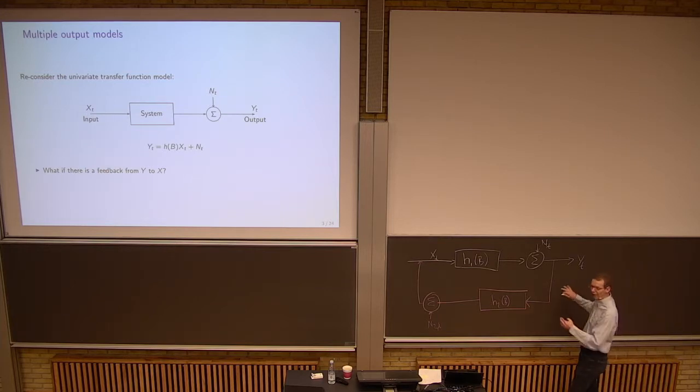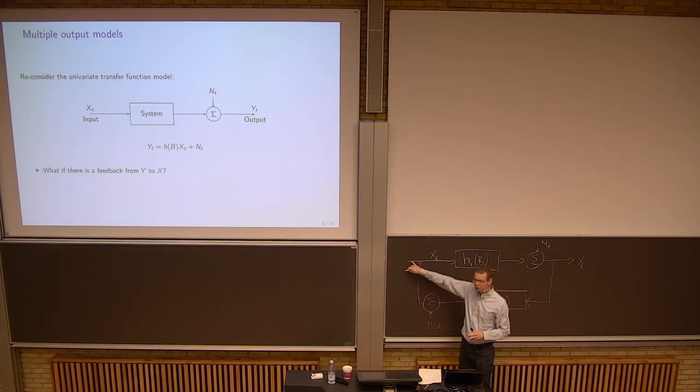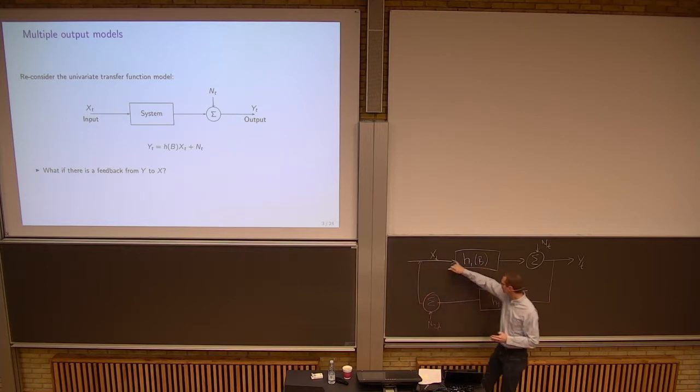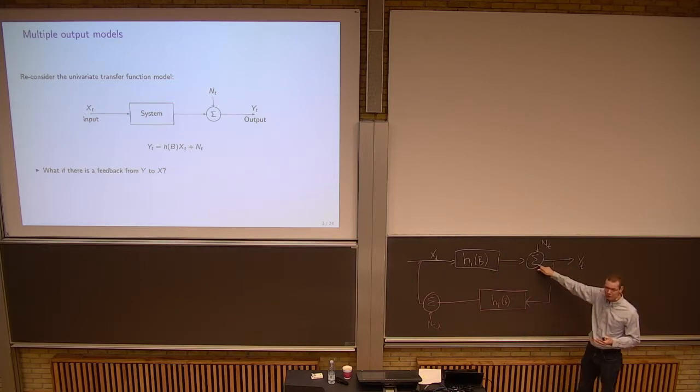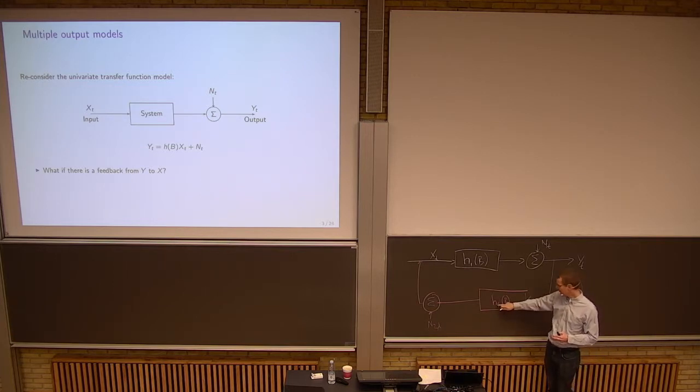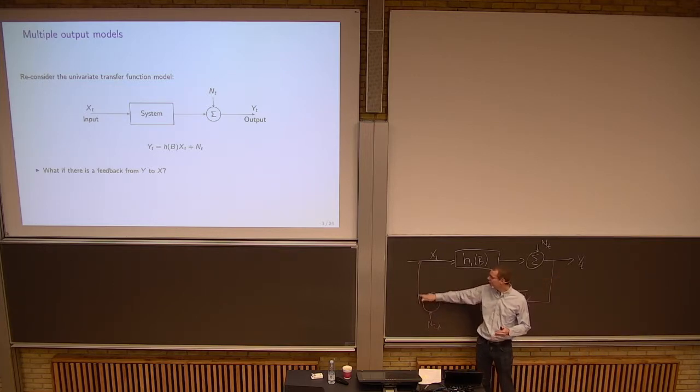If you have a system all at rest, all at 0, just to make it easy, then you do something to x from the external side somehow. Then you go through a system, so you have a transfer function there. You add some noise, and then you observe y. But then what also happens is that it goes through another system, you add some more noise, and then it becomes xt as well.